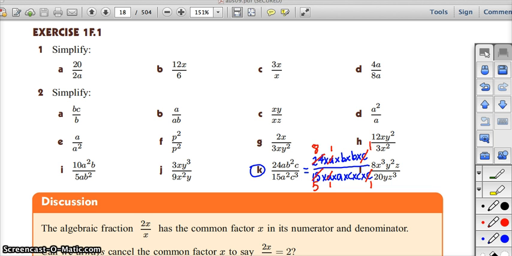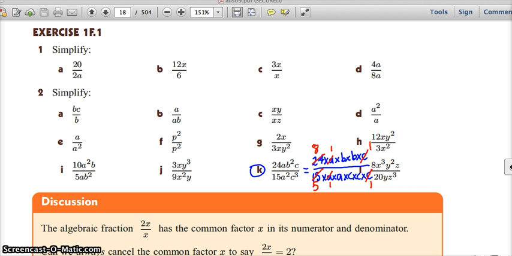We then grab hold of our numbers. 8 times 1 times 1 gives us 8. And what are we left with? B times B, which is B squared. Over 5 times 1 times 1, 5.